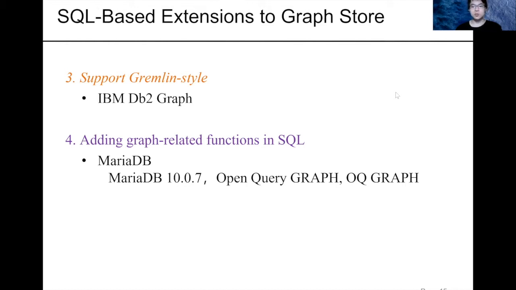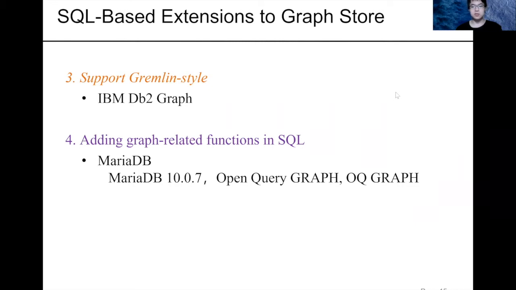Db2 Graph employs a novel graph overlay approach to expose a graph view of the relational data. This approach flexibly retrofits graph queries to existing graph data stored in relational tables without expensive data transfer or transformation.